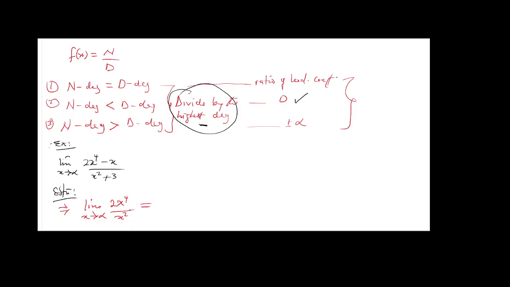These can cancel out, so that we have 2x squared left.